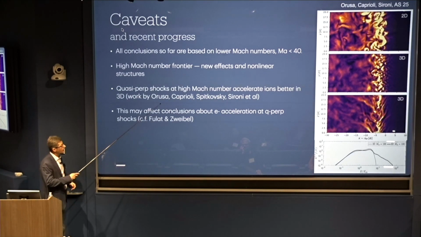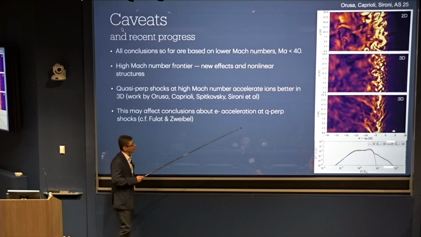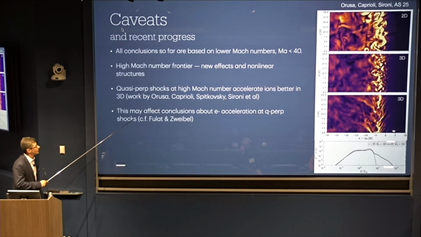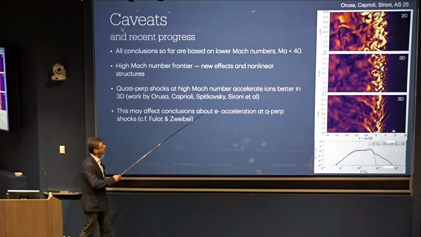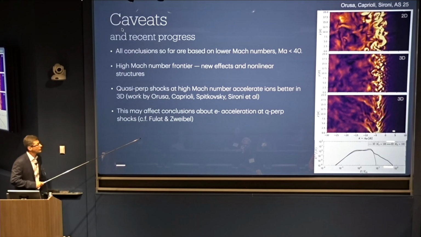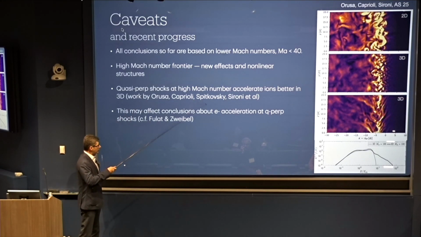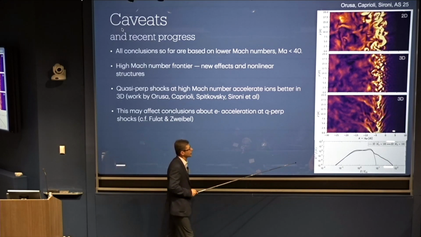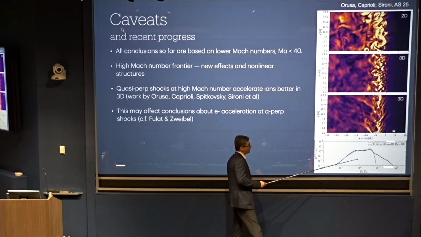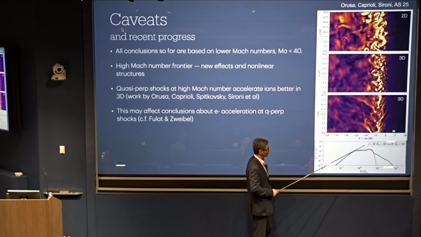Recent progress on going to 3 dimensions was made, a breakthrough I would say, by Luca Russo and Damiano Caprioli, and recently extended in common work with Lorenzo Cironi and myself. The 3 dimensions seem to affect this turbulence quite significantly, and for oblique shocks, even the ions start to accelerate.